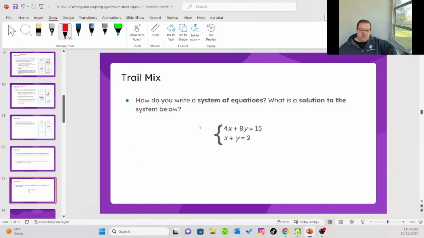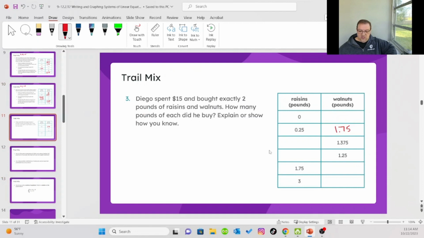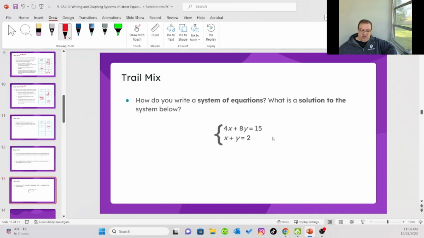How do we write a system of equations? And what is a solution to the system below? We would write them with this bracket, where we would put the first equation and then the second equation, and this is how we would write the system of equations. What is a solution to the system? The only solution to the system was that x equals 0.25 and y equals 1.75 pounds.